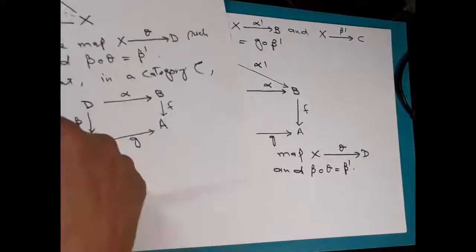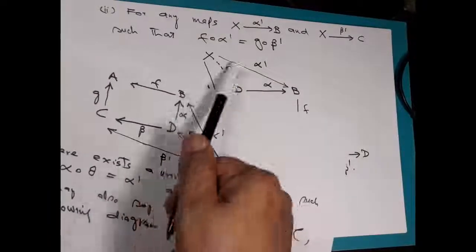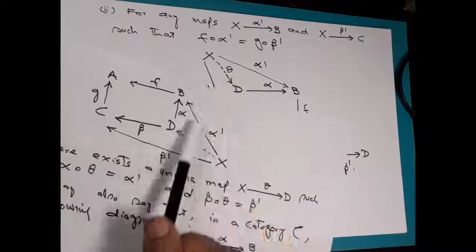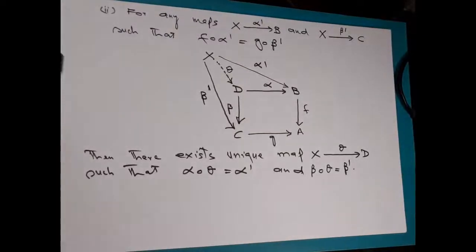The universal arrow is the important thing. So just note this universal arrow. So this was the definition of pullback.